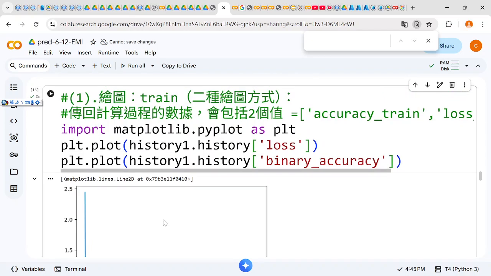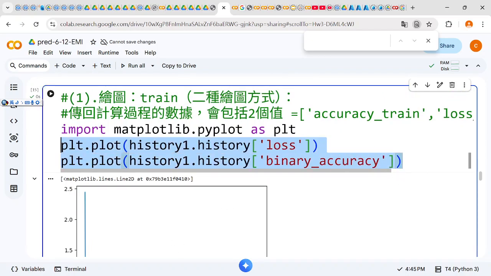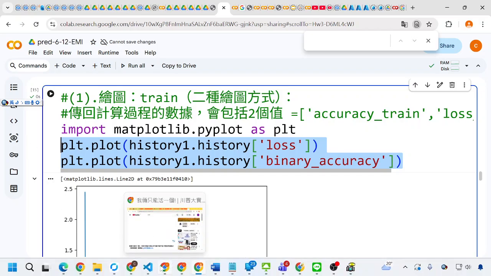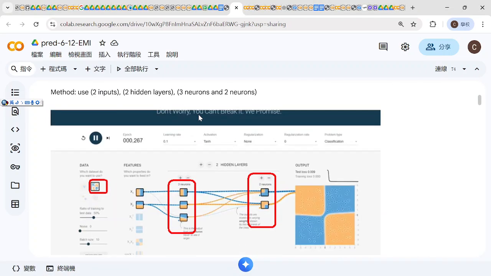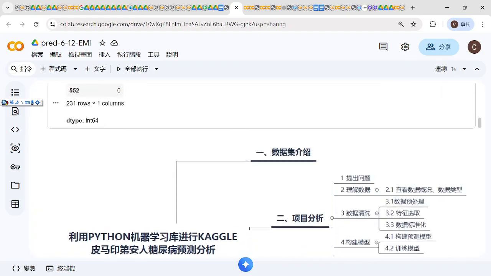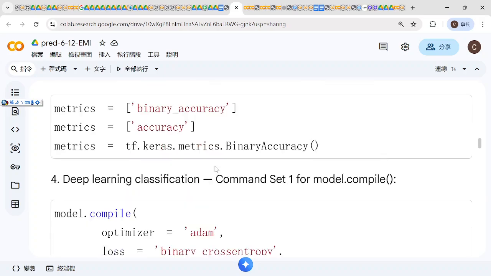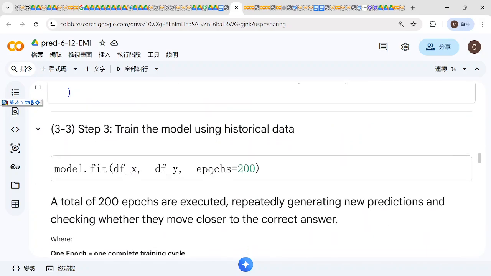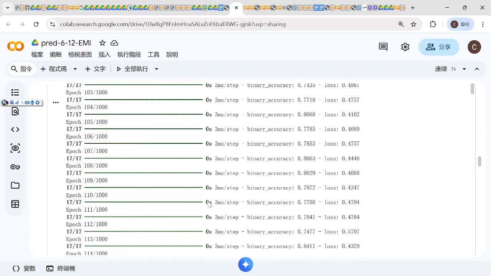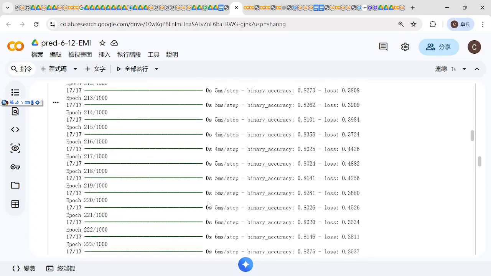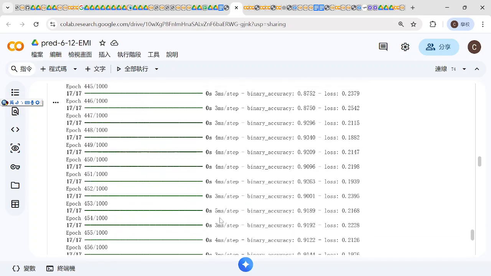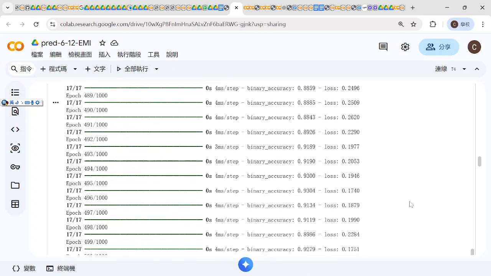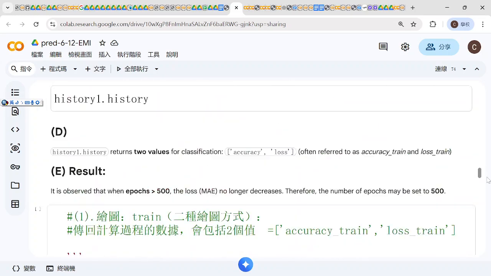Okay, maybe later I should look at the programming code of the original one. This is the original one.